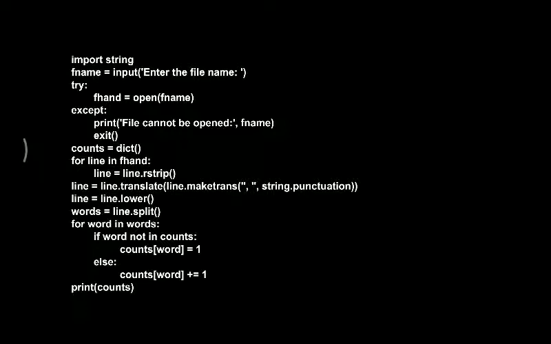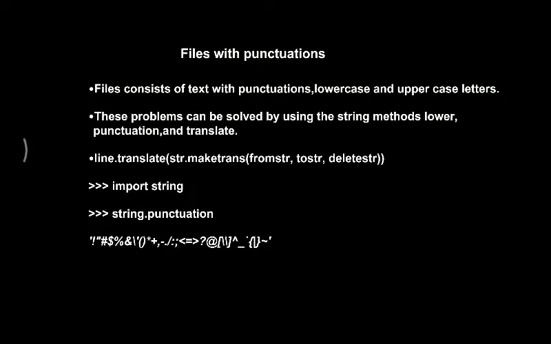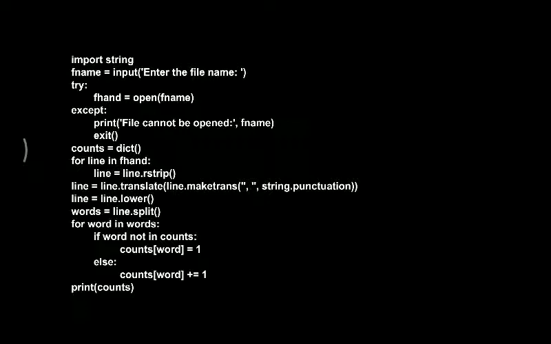Now for each word we count the number of occurrences. For word in words, if word not in counts, simply assign 1, or else increment the count of the word by 1. So this program handles uppercase and lowercase letters as well as punctuation in the file.